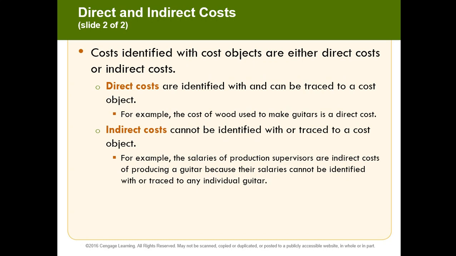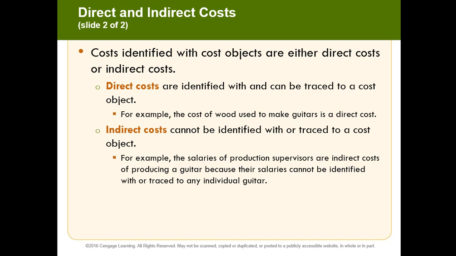So indirect costs are costs that we know we incurred to get this product done, but we don't want to take the time to detail it out. Salaries of the supervisors are considered an indirect cost. We have to pay the supervisors, but they aren't directly putting our product together.